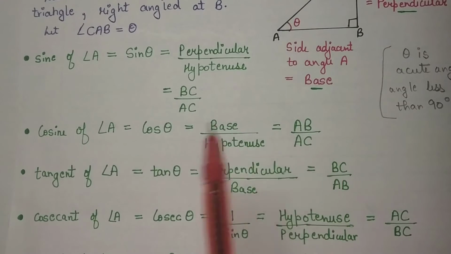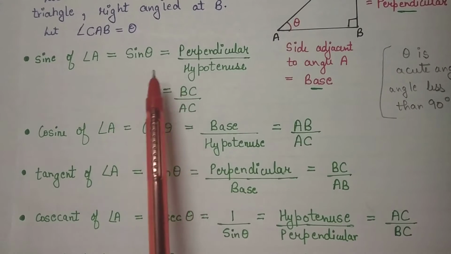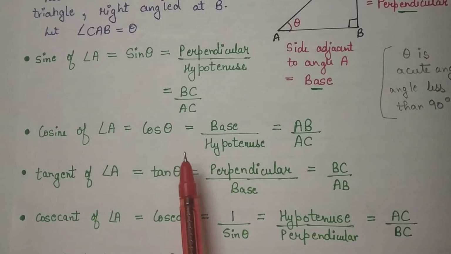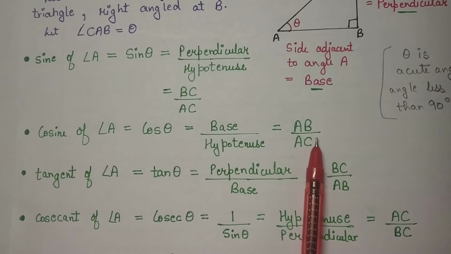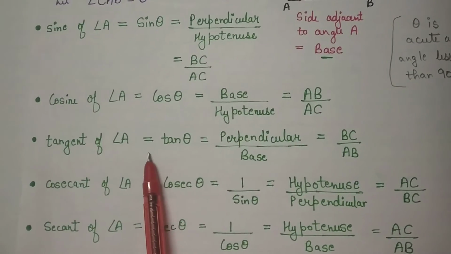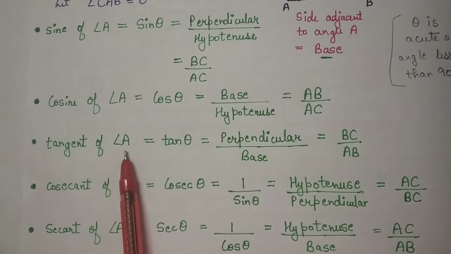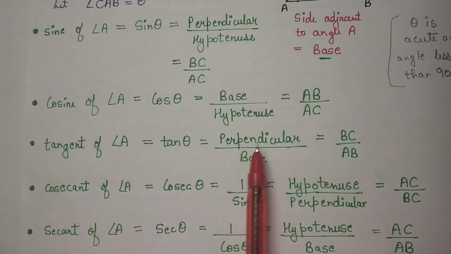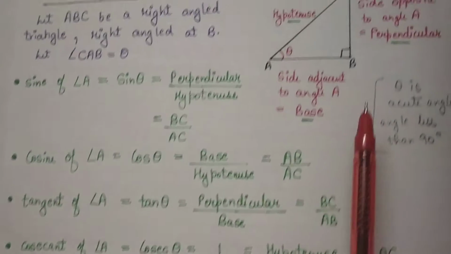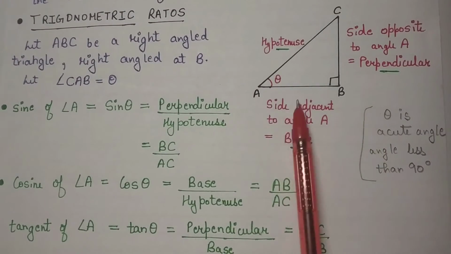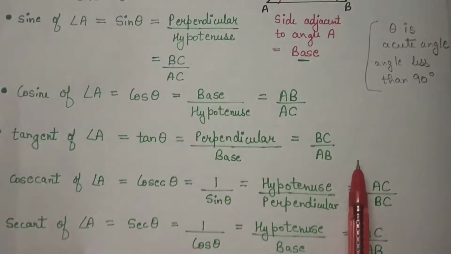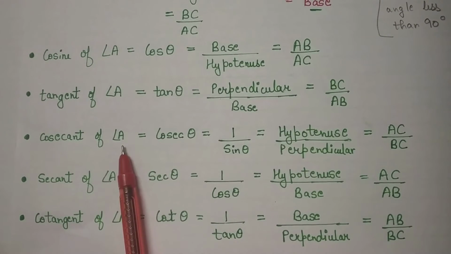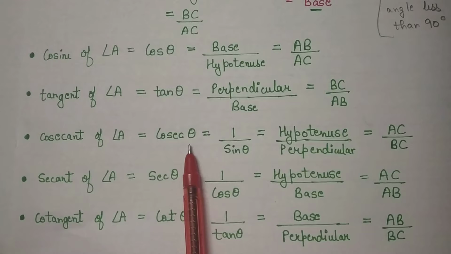In short, you have to learn the formulas in the form of base, hypotenuse and perpendicular, and you will automatically get to know the names of the sides. Now the next formula is tangent of angle A, written as tan theta, which is equal to perpendicular over base. Perpendicular here is BC, base is AB. So, BC by AB.